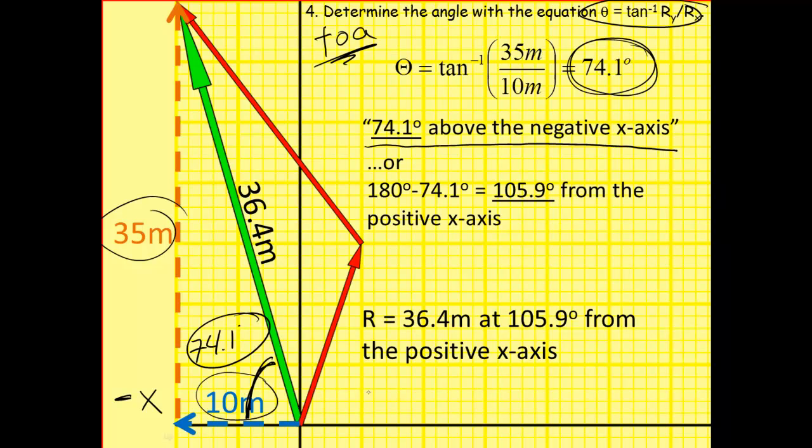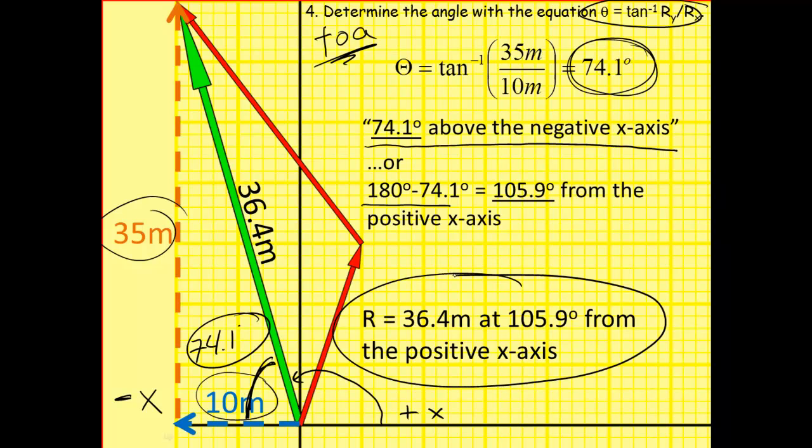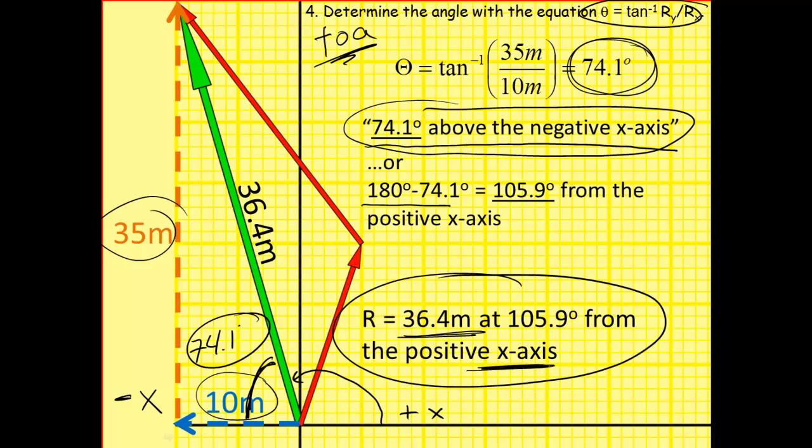Sometimes, however, we're asked for that angle from the positive x. From the positive x-axis, we would take 180 degrees and subtract that 74.1 degrees to get 105.9 degrees. So we can say that our answer is 36.4 meters at 105.9 degrees from the positive x-axis, or 36.4 meters at 74.1 degrees above the negative x-axis.